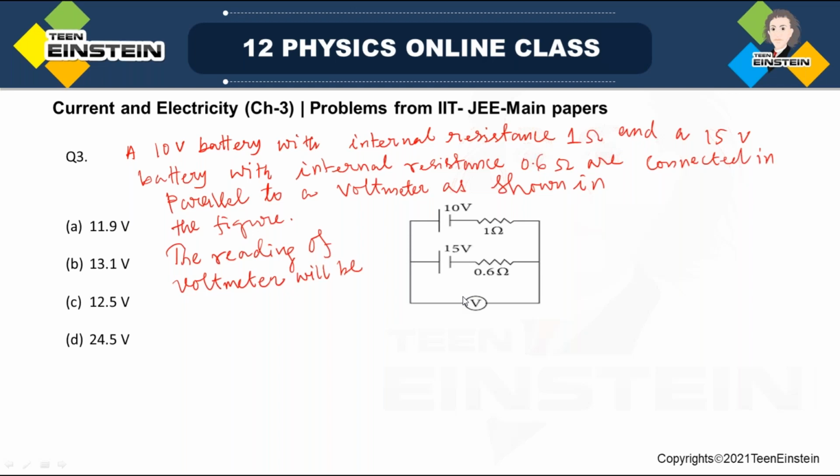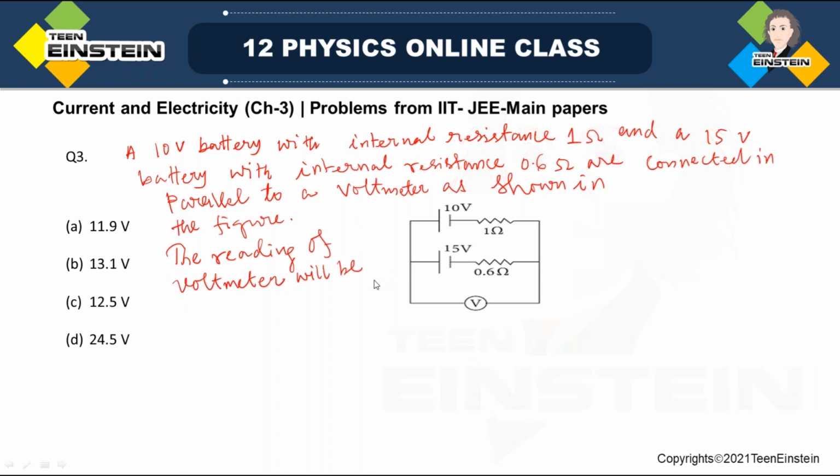In case of parallel connection of batteries, we have a formula for current.